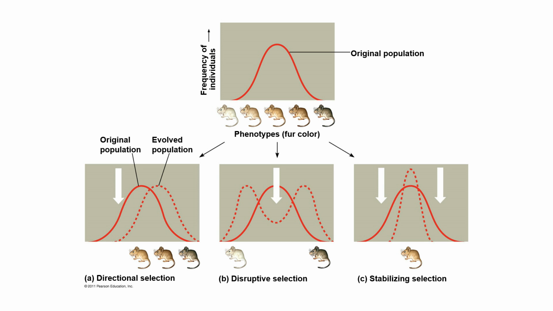So we have this population of mice, and you see a gradient of individuals within that population of varying fur colors, from really dark to really light. As a result of natural selection acting on this population, you can have directional, disruptive, or stabilizing selection.